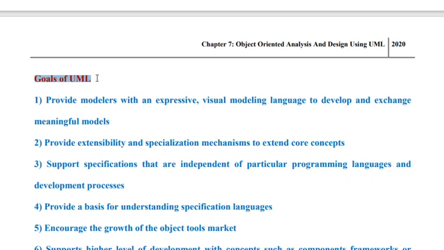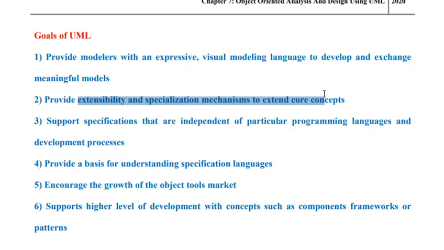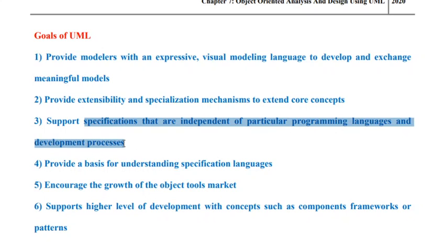The major goal of UML is to provide modelers with an expressive visual modeling tool that enables them to represent the system in both structural as well as behavioral dimensions. It provides extensibility and specialization mechanisms to extend the core concepts. It supports specifications that are independent of a particular programming language and development process.